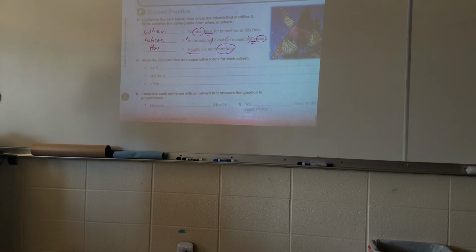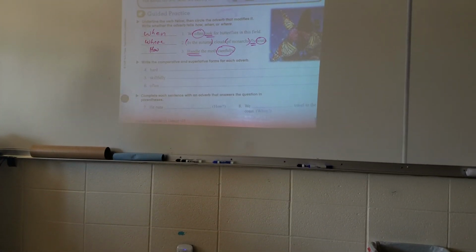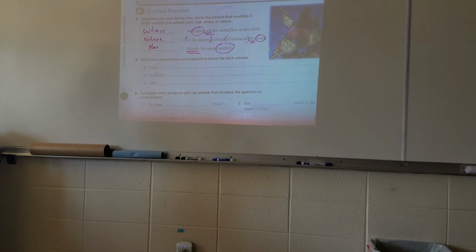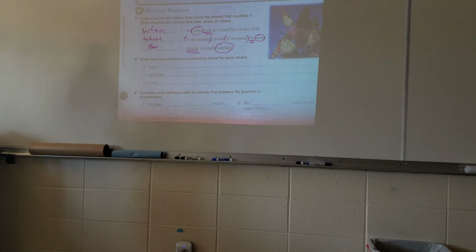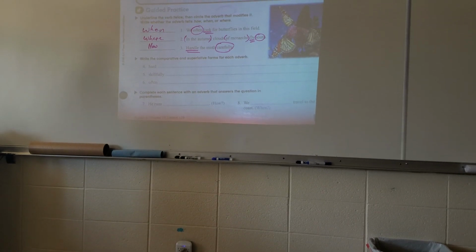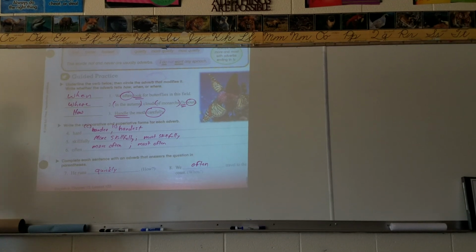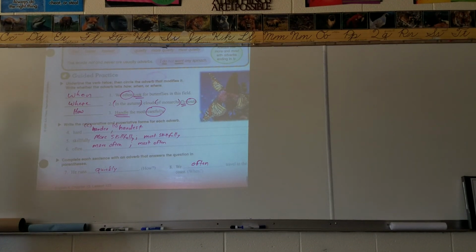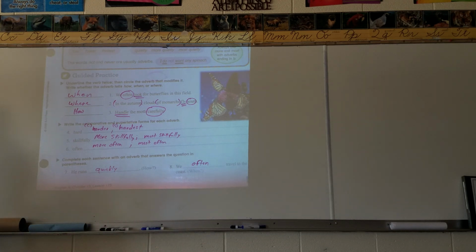Now, what you're going to do on number 4 through 6 is write the comparative and superlative forms for each adverb. Okay, I took a little break, got a drink of water, and I started to fill in these longer blanks so you wouldn't have to wait for me to do all that.